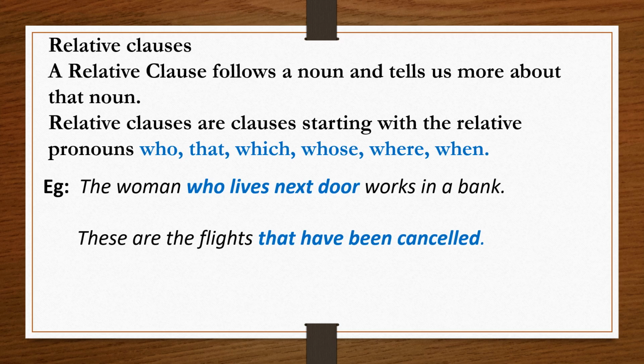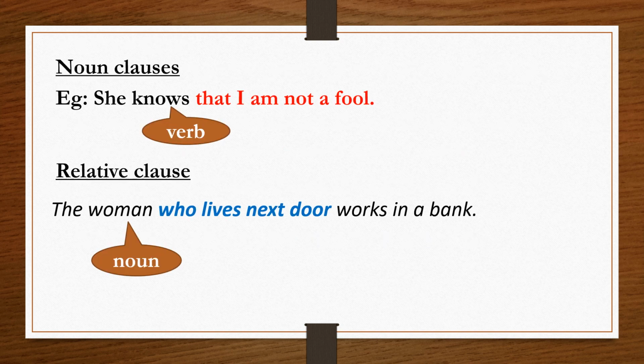The group of words that have been cancelled tells us more about the flights. Now children, do not get confused between noun clauses and relative clauses. A noun clause will always begin after a verb, and a relative clause will always begin after a noun.